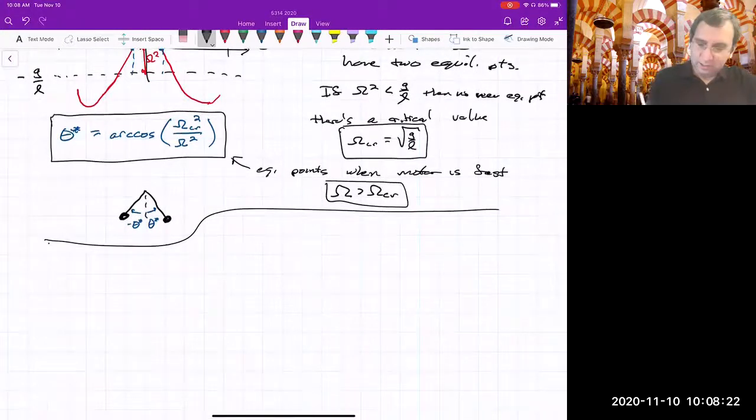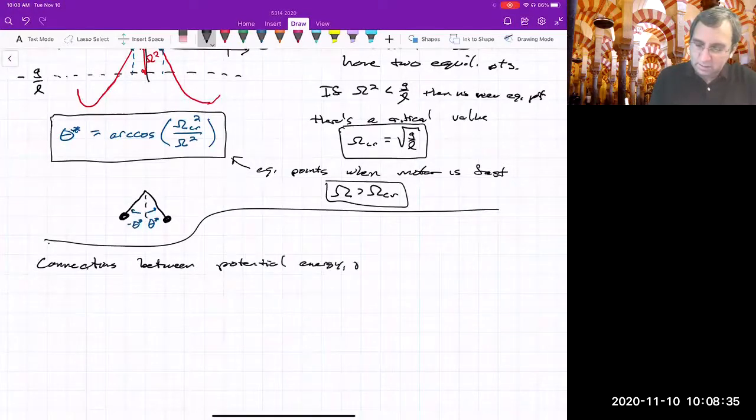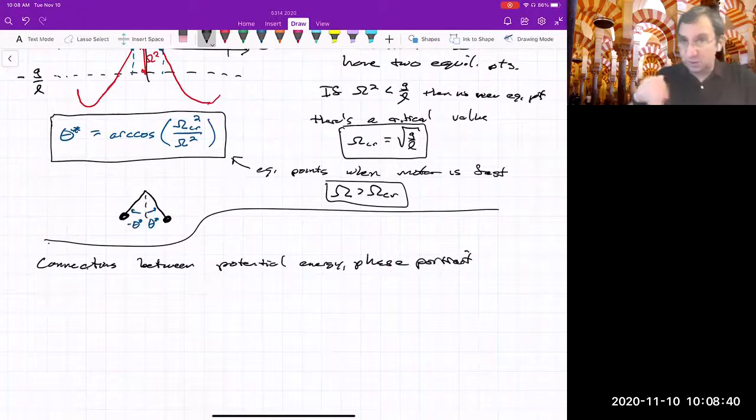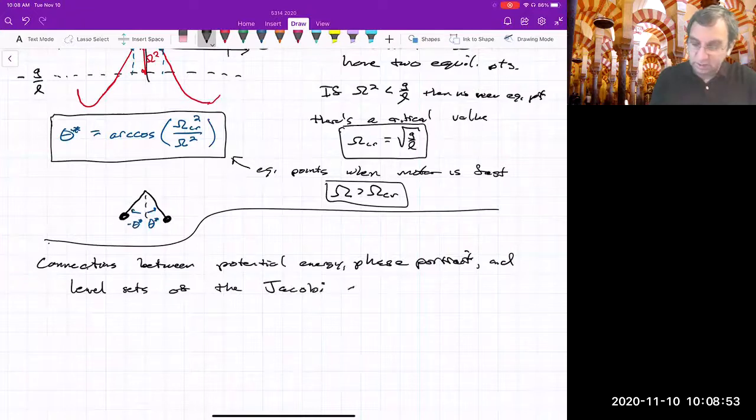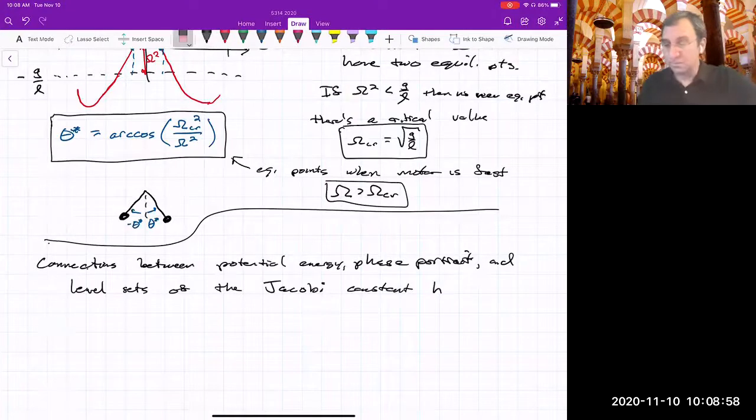Okay, so we could look at the connections between the potential energy, phase portraits, which means representative curves in the phase space that reveal behavior, and level sets of the Jacobi constant.